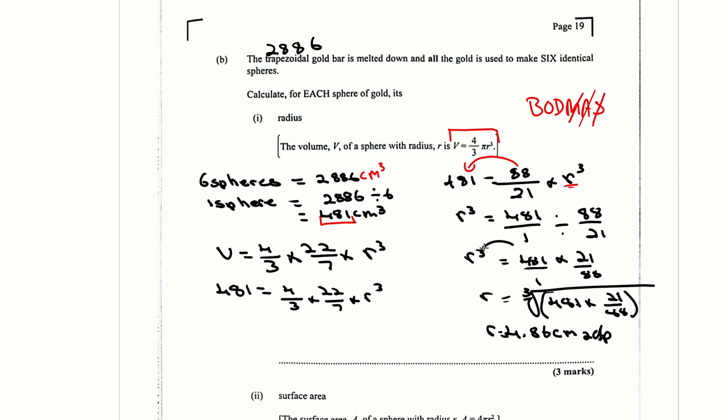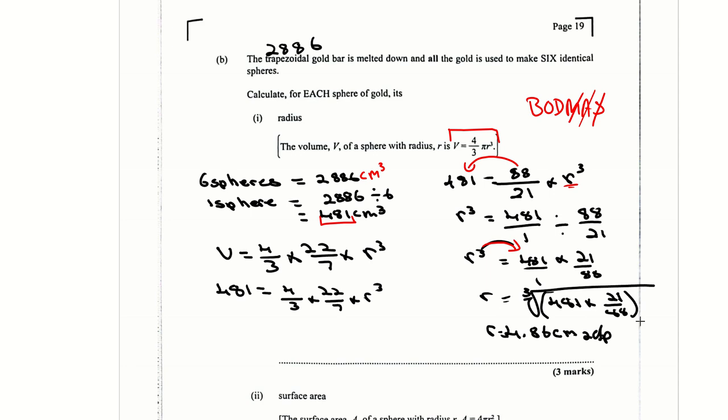Then I'm going to carry across the power of 3. What is the opposite of the power of 3, guys? Cube root, right? So r would be the cube root of 481 multiplied by 21 over 88.